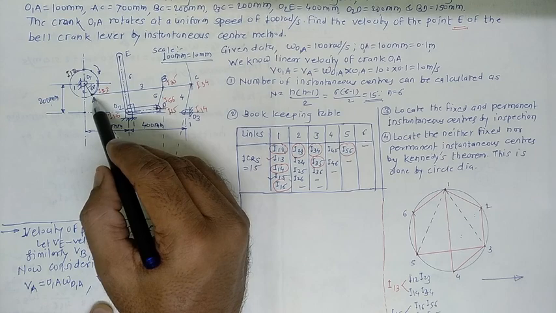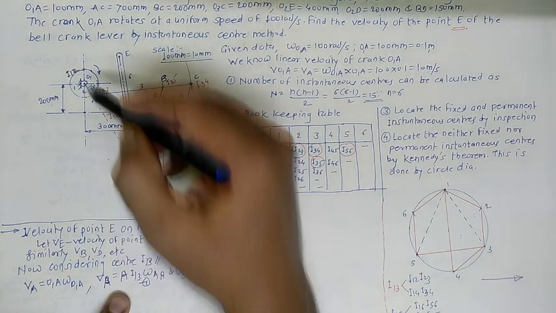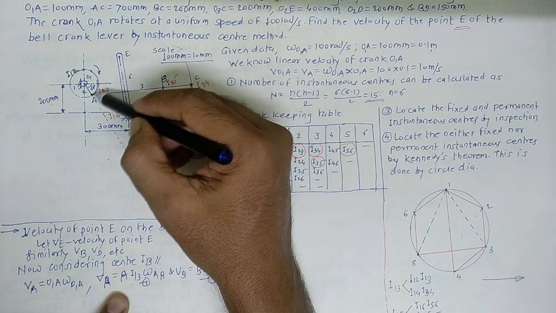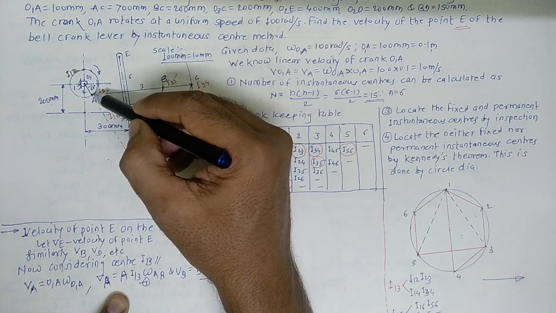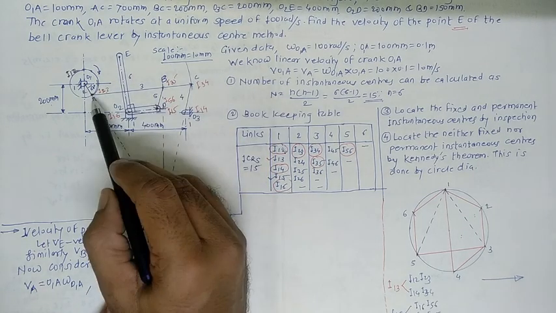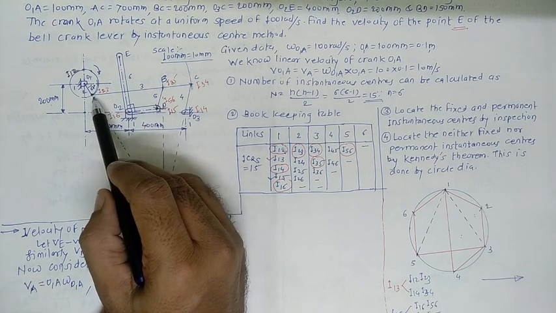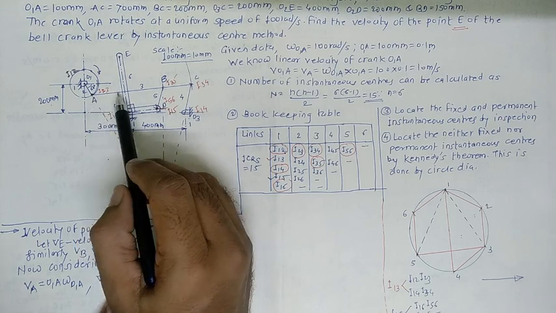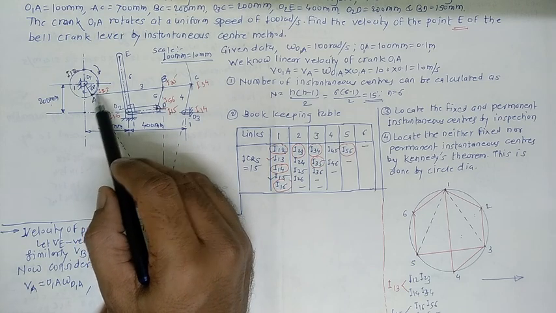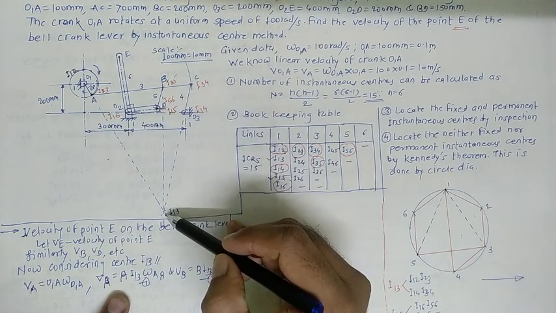So for this A we can write VA equals, if you say point A possesses two motions. One is the rotational motion if I consider that point on the link O1A. If I consider point A lies on AB, it possesses translation motion, or linear motion, meaning it possesses two motions. When any point possesses two motions, you have to take the distance of that point with respect to the instantaneous center, or imaginary center.